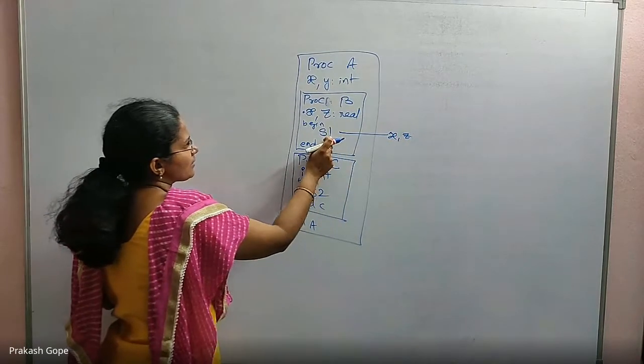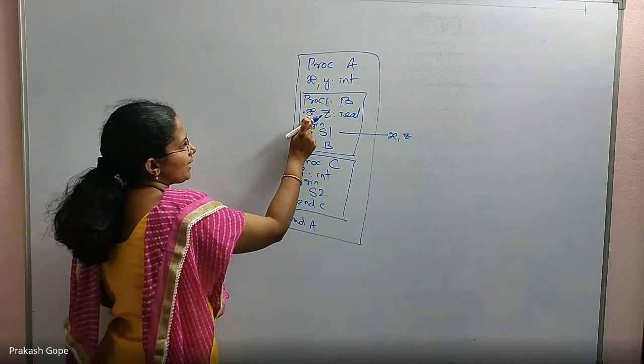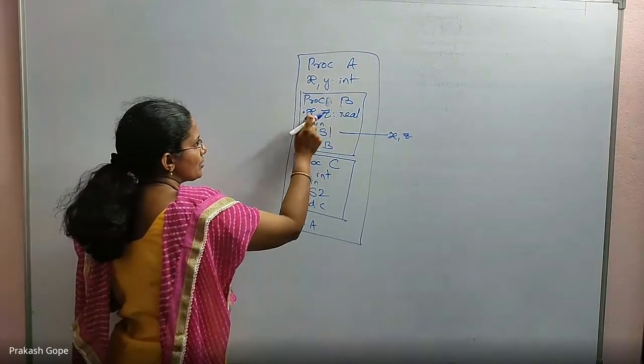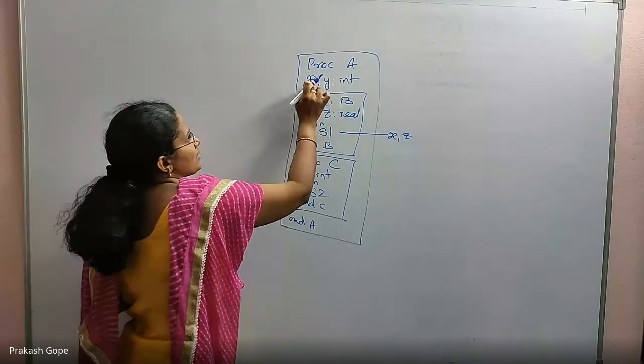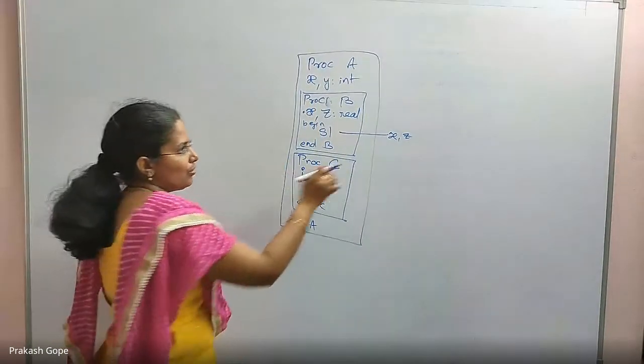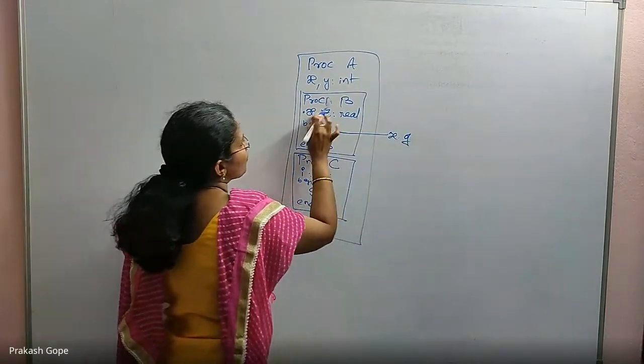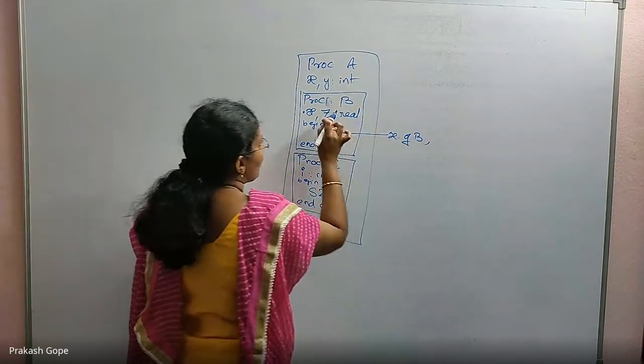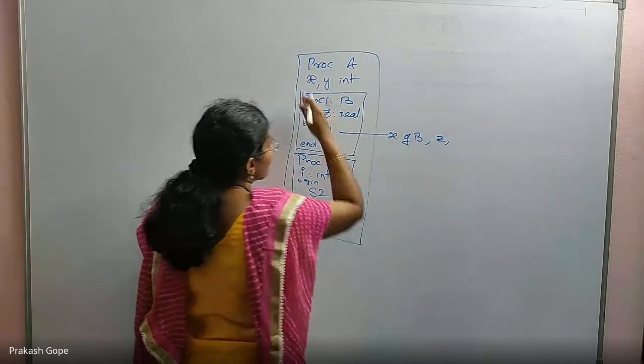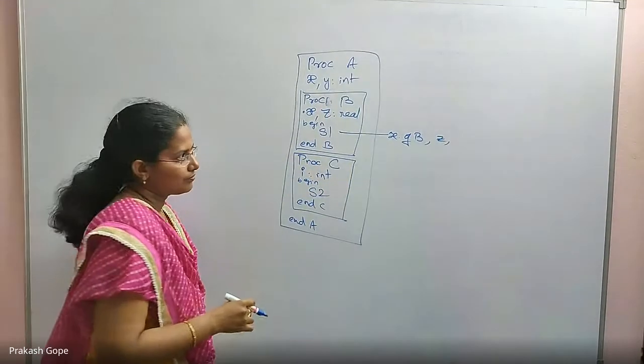When I say X, I am talking about the X which is locally declared in B, not the one declared in A. So, for clarity, I am saying X of B I can access. Also, I can access Z. Z is not present anywhere else, so no confusion.